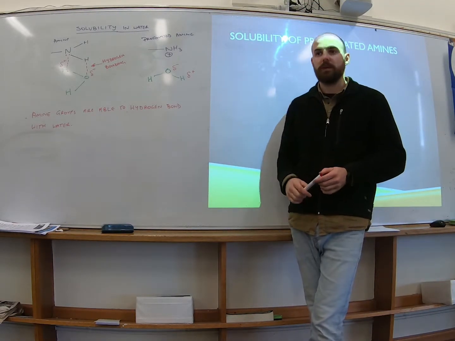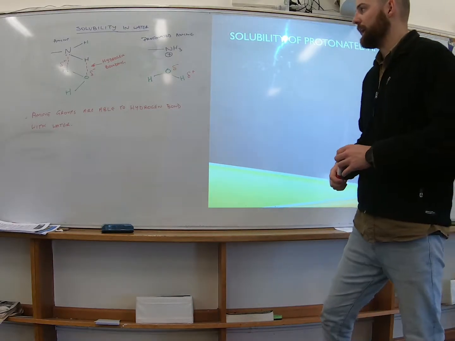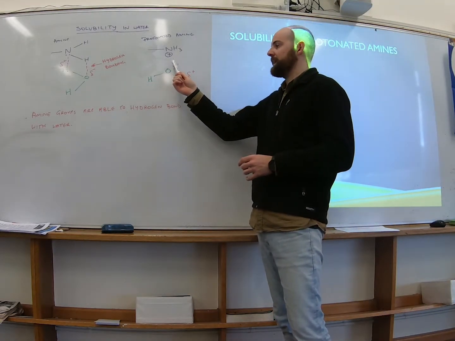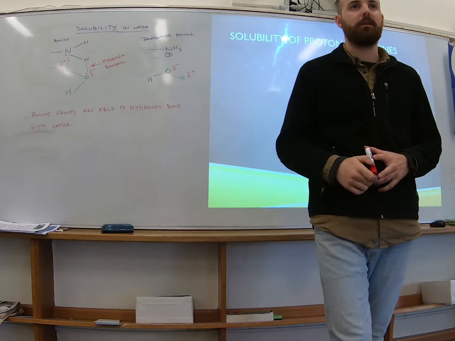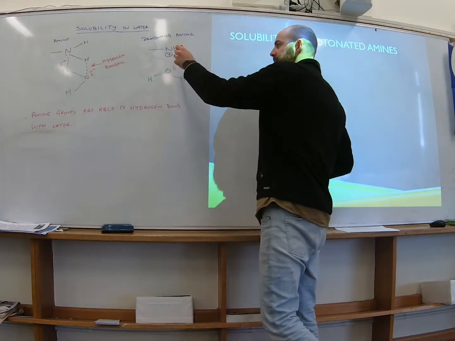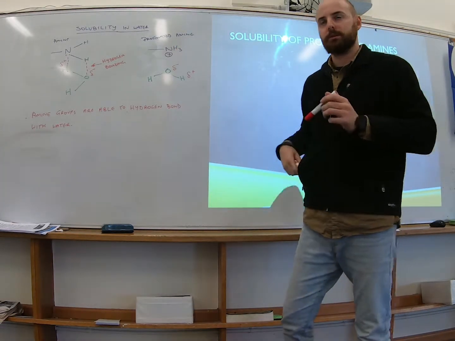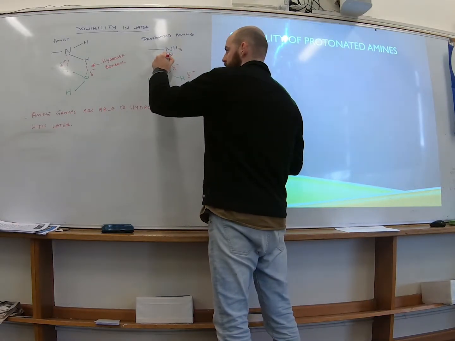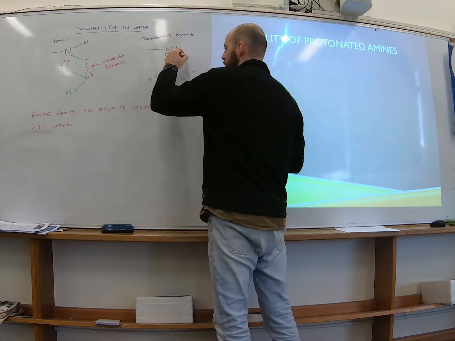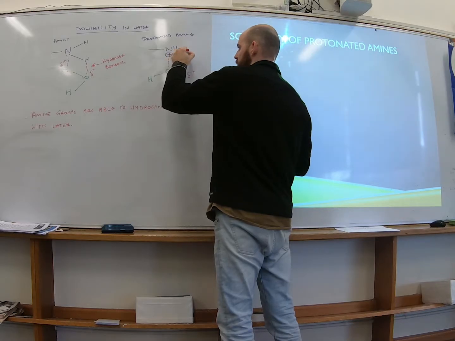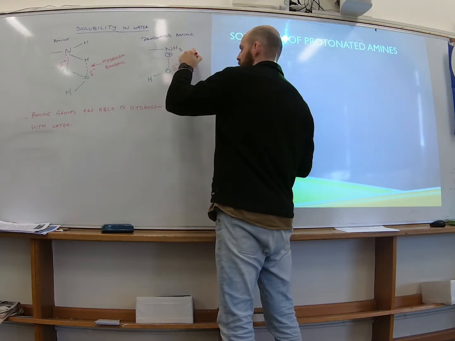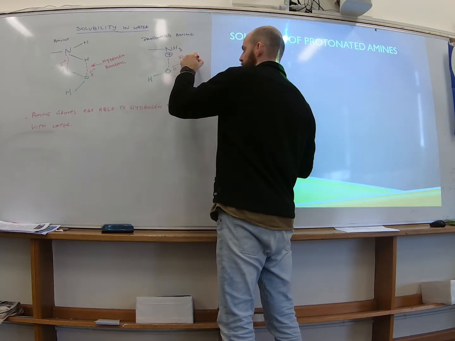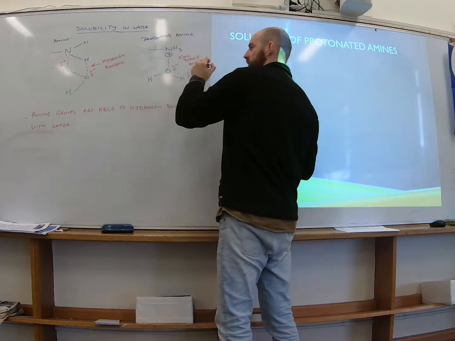Stronger bond. Yeah, they're going to bond. We had a name for this type of bonding. This is called an ion dipole bond. So we can signify that: ion dipole bonding. This is very important.